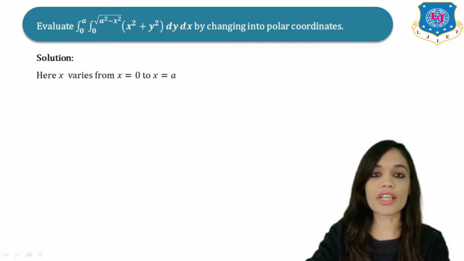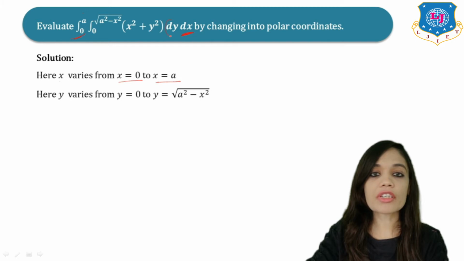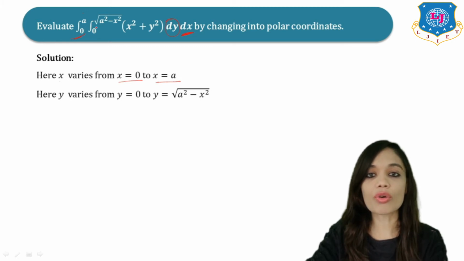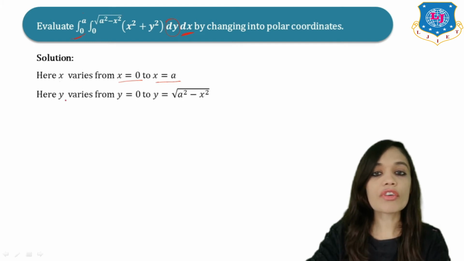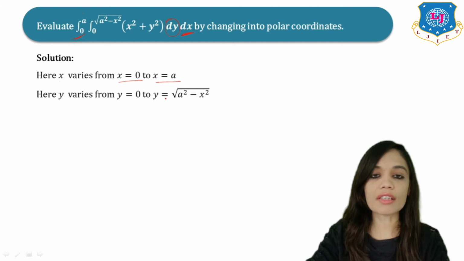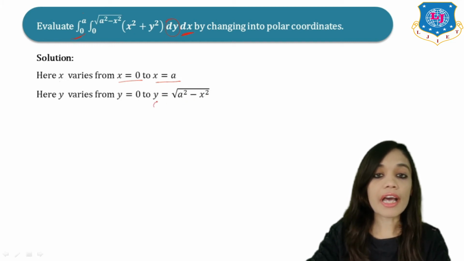The limits of x are 0 to a, therefore x varies from x equal to 0 to x equal to a. The limits of y are 0 to square root of a square minus x square, so y varies from y equal to 0 to y equal to square root of a square minus x square. Now let us simplify this.